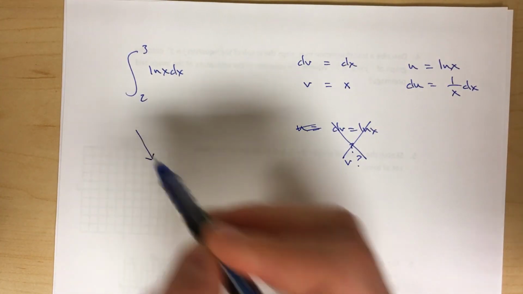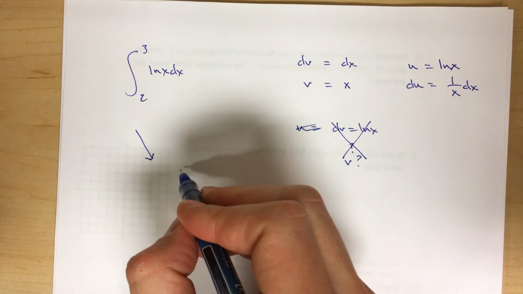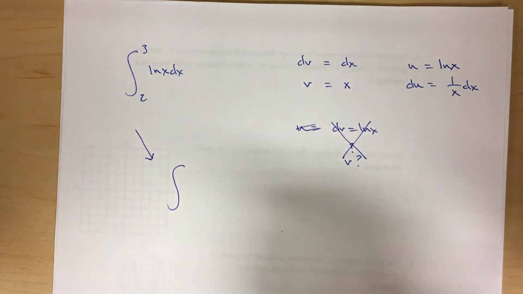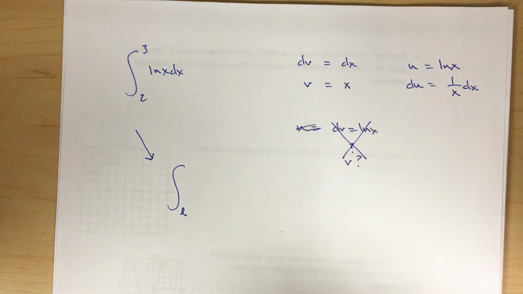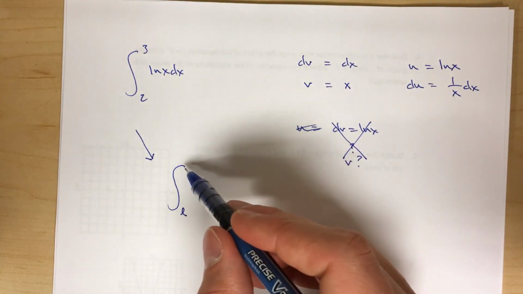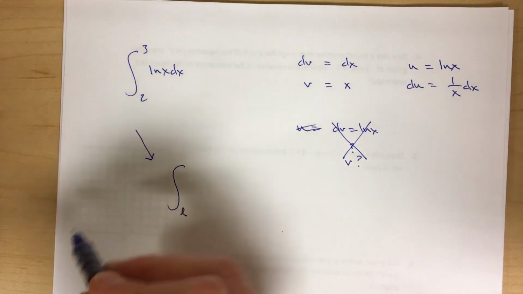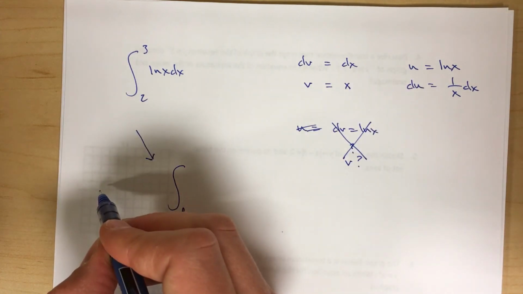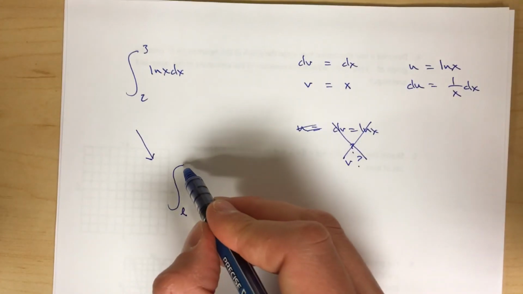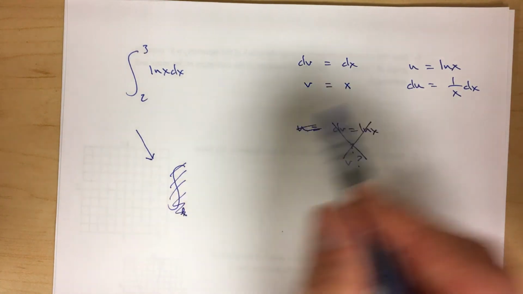So this should now become the integral over appropriate limits, but I'm writing things in terms of u's and v's, so I can keep this all in terms of x.